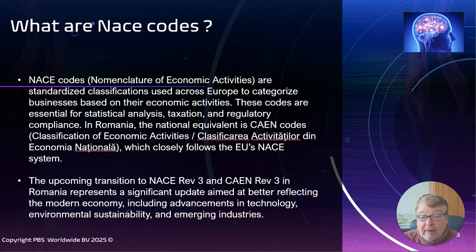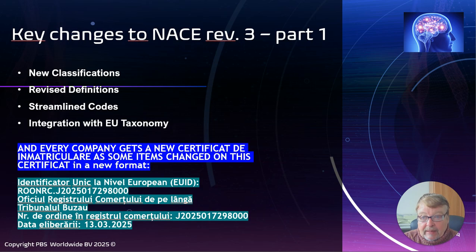And also the upcoming NACE Revision 3, so the CAEN Revision 3 in Romania, represents a significant update aimed at better reflecting the modern economy, including advancements in technology like AI, environmental sustainability, and emerging industries.